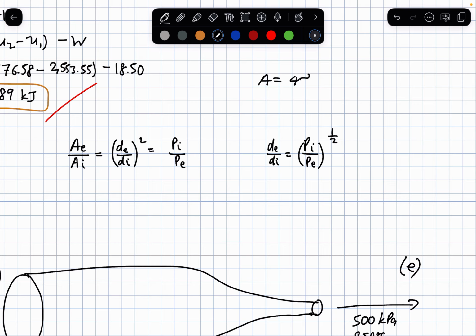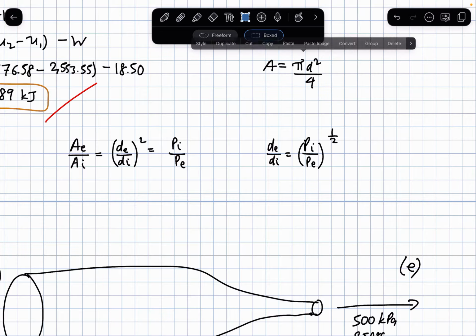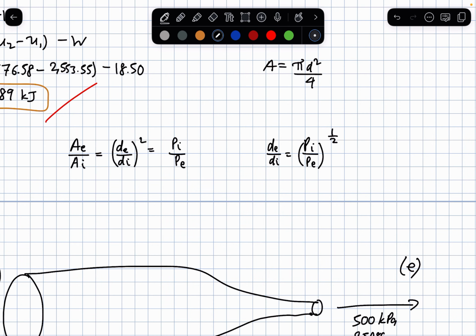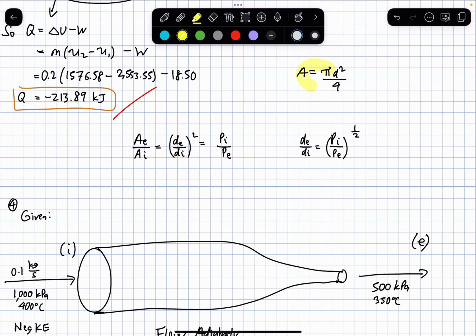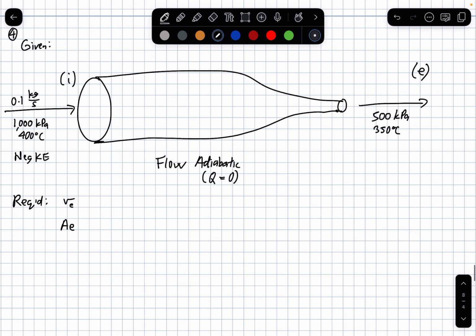Area is pi d squared over 4. We're going to need this specifically if diameters or areas are not the same. Somewhere along those lines. So I'll put a highlight here.